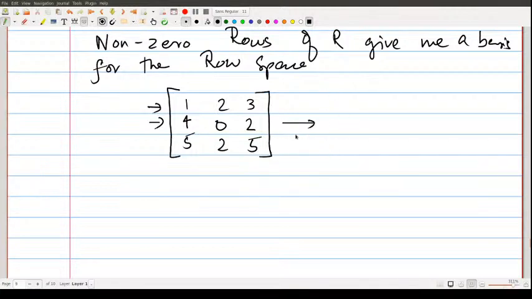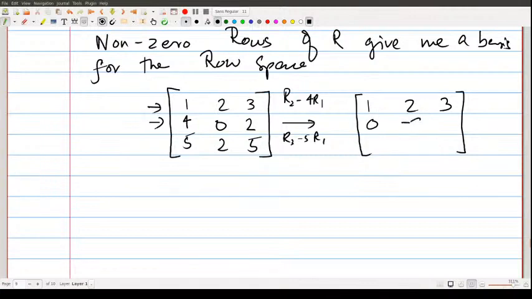So first elimination tells me, let's do R2 minus 4 times R1 and R3 minus 5 times R1, right? So when I do that, I get 1, 2, 3. Second row becomes 4 minus 4, 0, 0 minus 8 is minus 8, 2 minus 12 is minus 10.